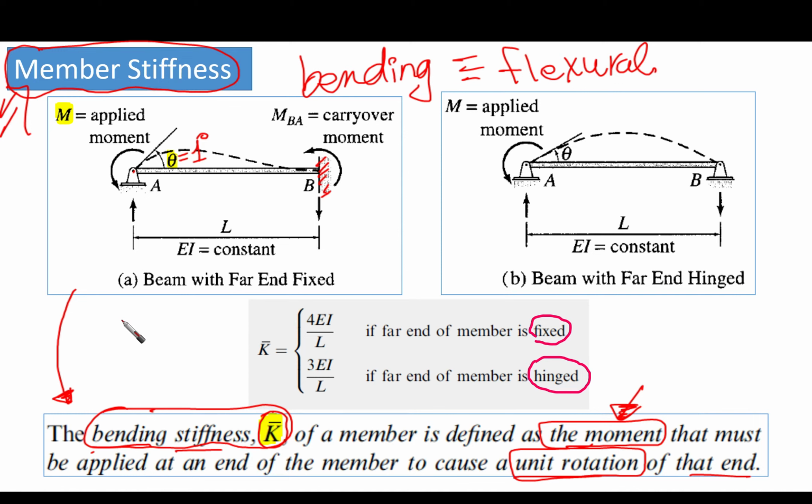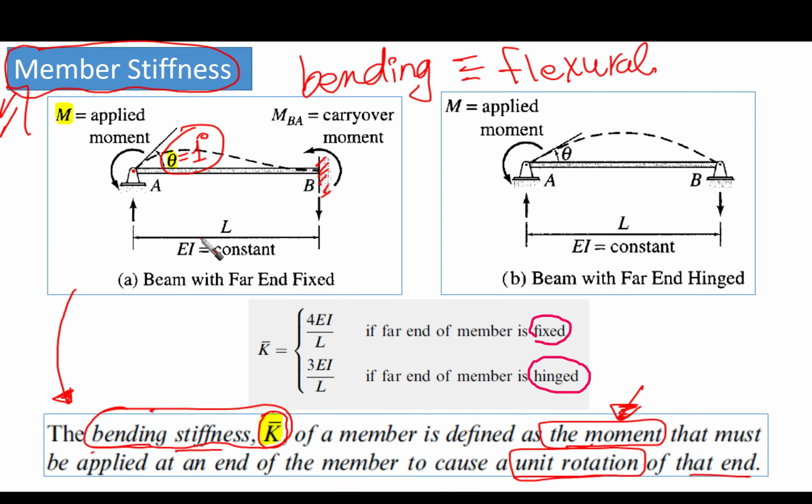Now this is the meaning of the bending stiffness and its definition. We found something very nice related to structural mechanics: if we want to rotate this end for developing a unit rotation, it is highly related to three main parameters. The first is the length of the member.